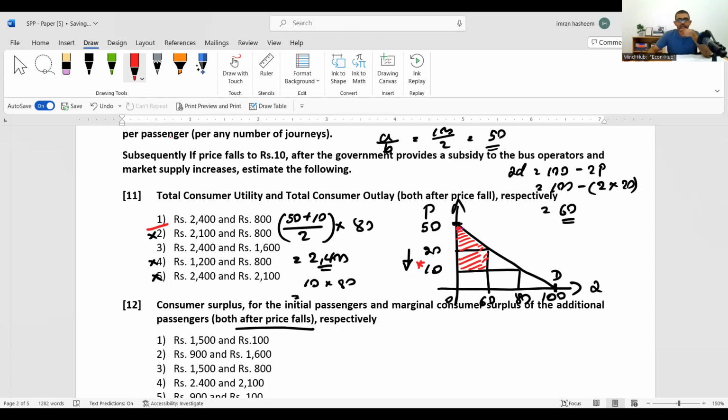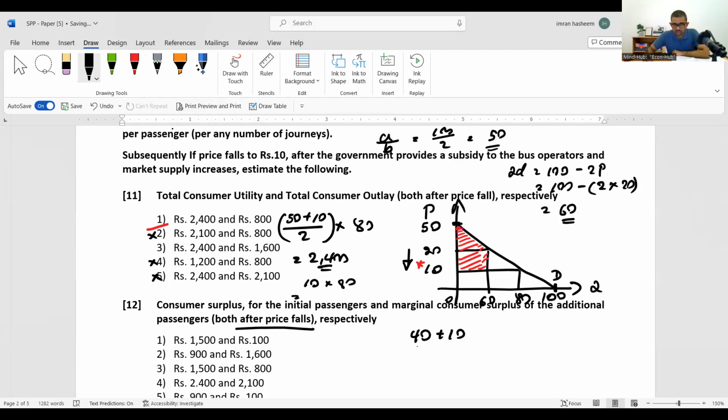Okay. How do you estimate the value of this trapezium? Can you give me the answer? This height would be 50 minus 10, that's 40. And then 20 minus 10, that's 10.